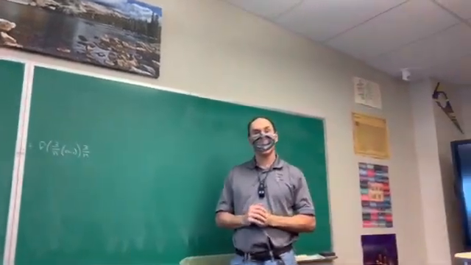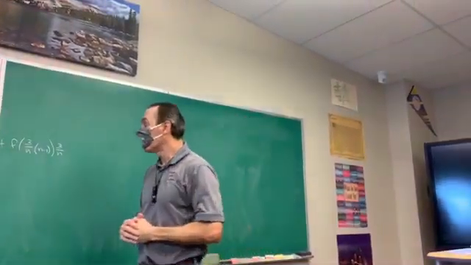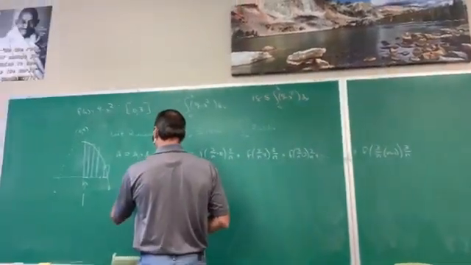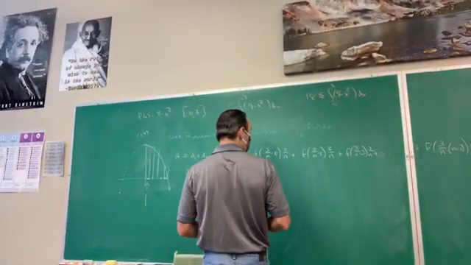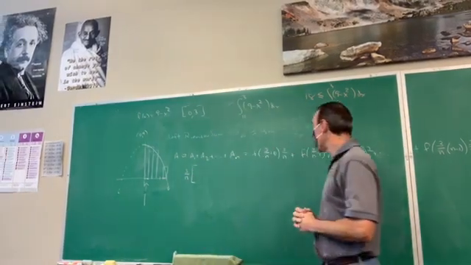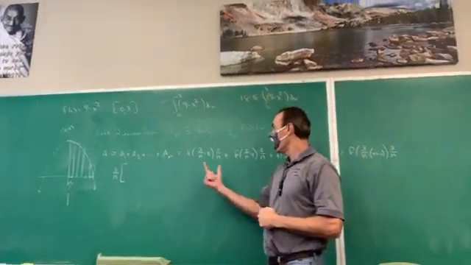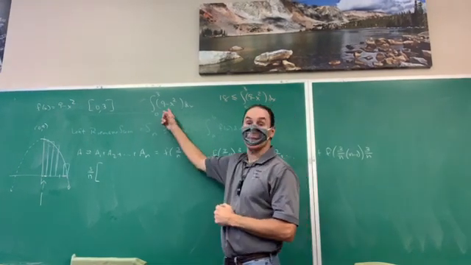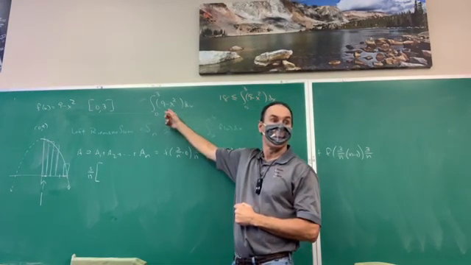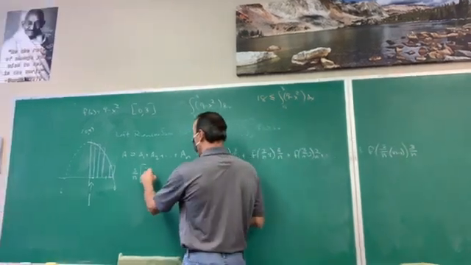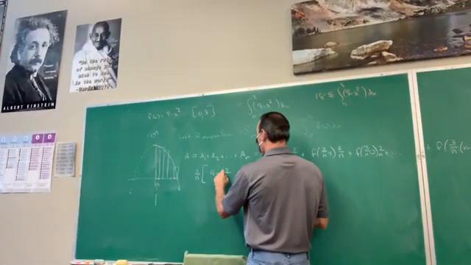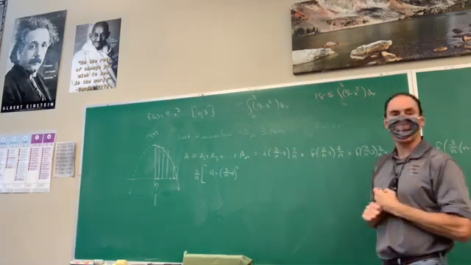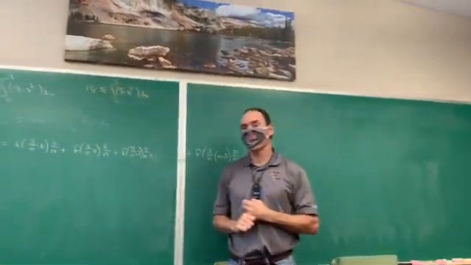Is that okay? Well, here we go again, doing our algebra. We're going to pull out the 3 over n's: 3 over n, big brackets. Now we plug into our function, which is still 9 minus x squared. We plug in 3 over n times 0, so we get 9 minus 3 over n times 0 squared. There's our first rectangle.